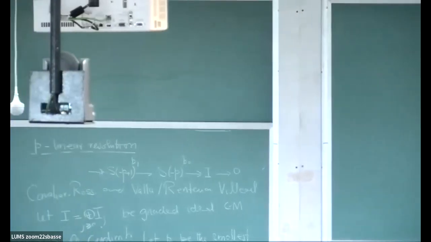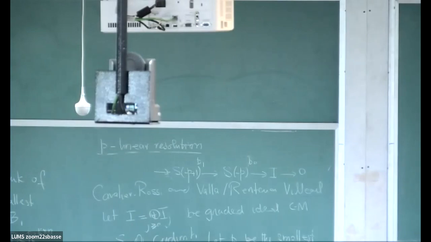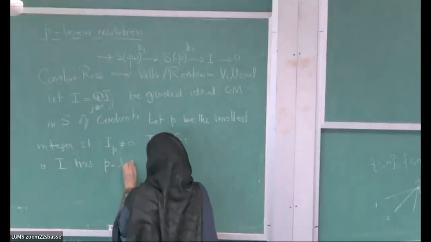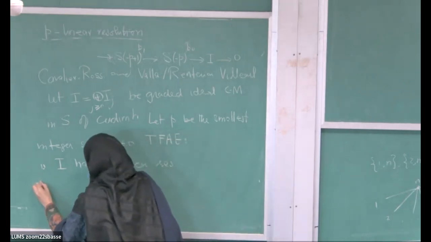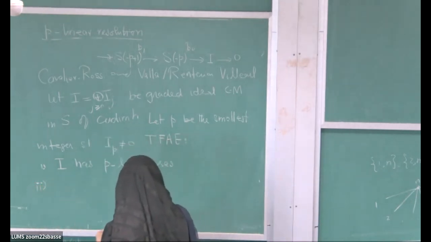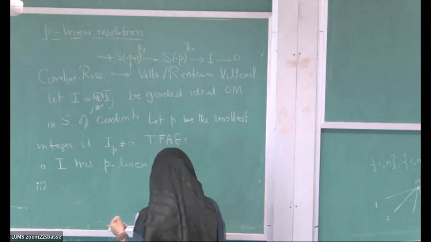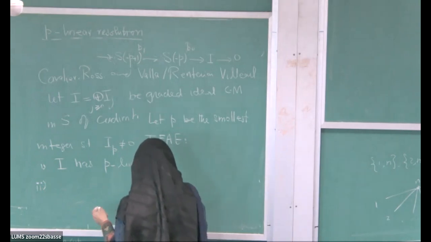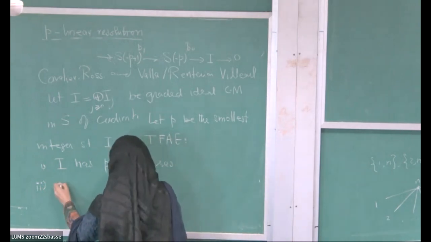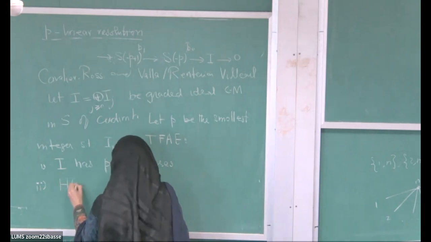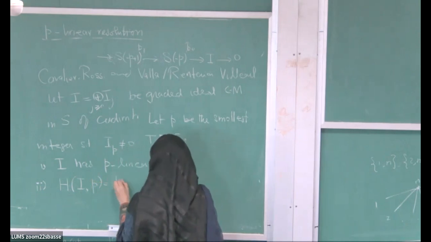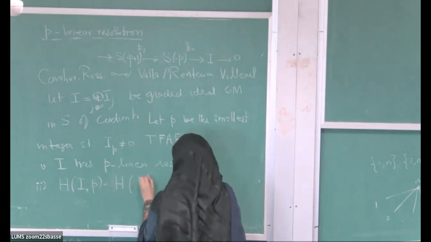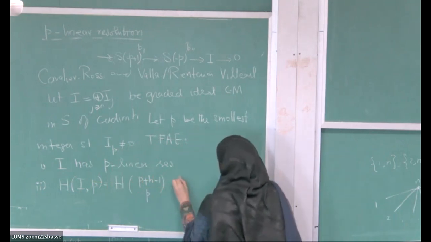We say that I has a p-linear resolution if and only if it satisfies this condition in terms of the Hilbert function: the Hilbert function of I_t is the same as the Hilbert function plus h minus 1 choose p, where this is the Hilbert function.